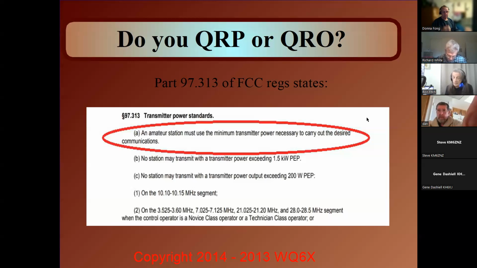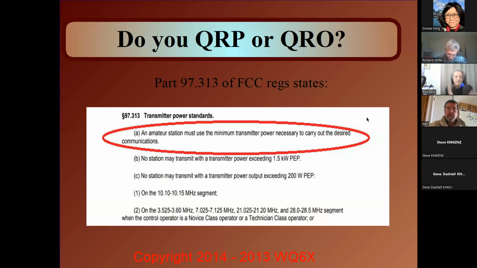I said may, but it is must. So technically, you're violating the spirit of this regulation if you're talking to your buddy down the block and you're running your kilowatt amplifier to do so.